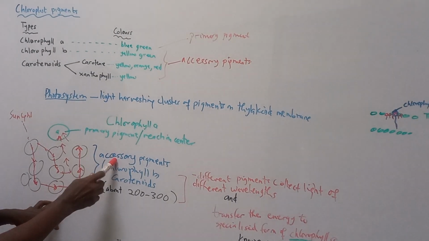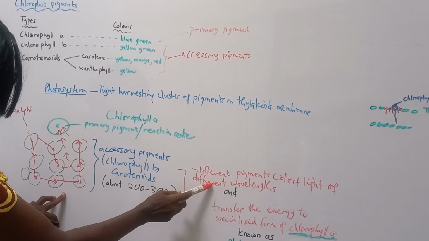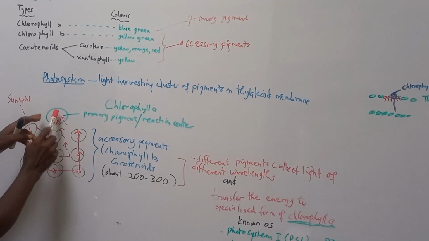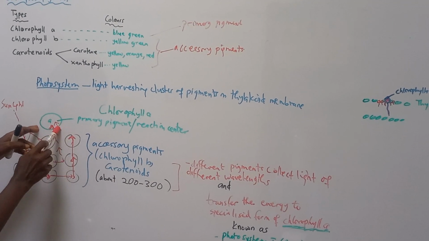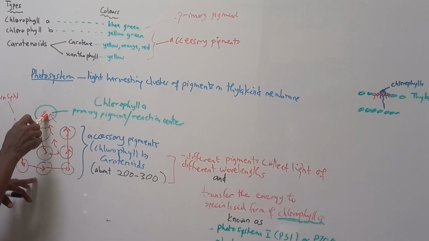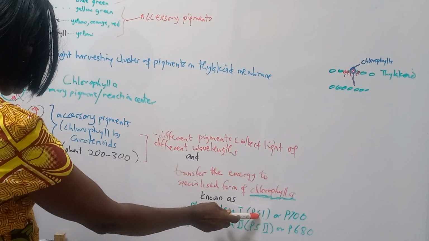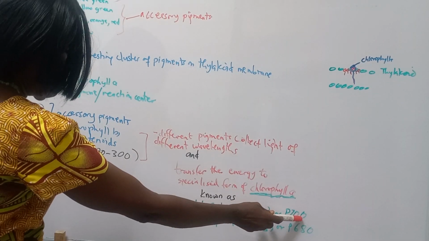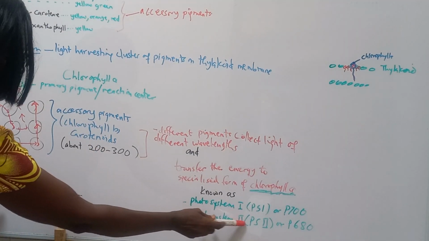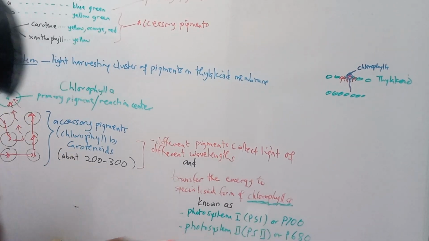Now, the different accessory pigments collect different wavelengths of light, and they transfer all that light to this specialized center, which is chlorophyll A. It is known to have specialized centers that form photosystem 1, written as PS1 or P700, 700 showing the active wavelength, and photosystem 2, PS2 or P680, 680 showing the wavelength.